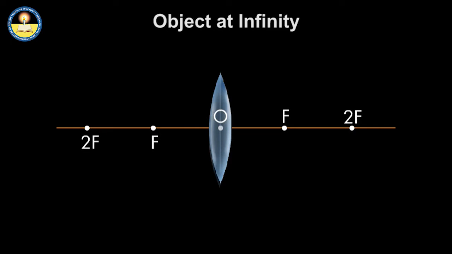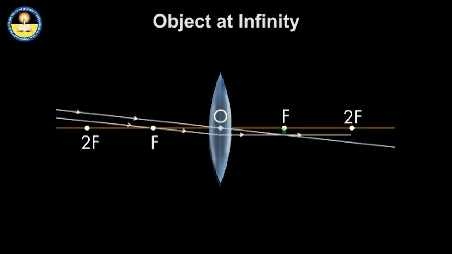When an object is placed at infinity, the light rays from the object are considered parallel to each other. The ray which passes through the optical center after refraction moves without any deviation, and the ray which passes through the first focus of the lens after refraction becomes parallel to the principal axis.